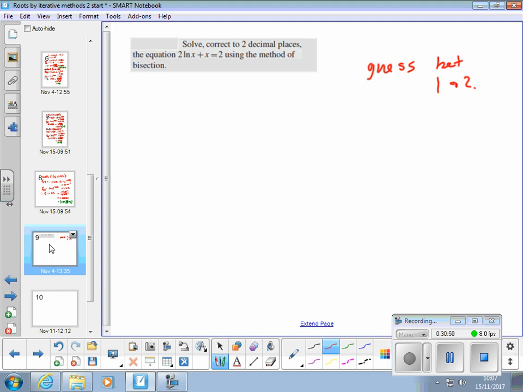We're using NR, yeah? So tell me what you got on your page. You've got to equate the function to 0.